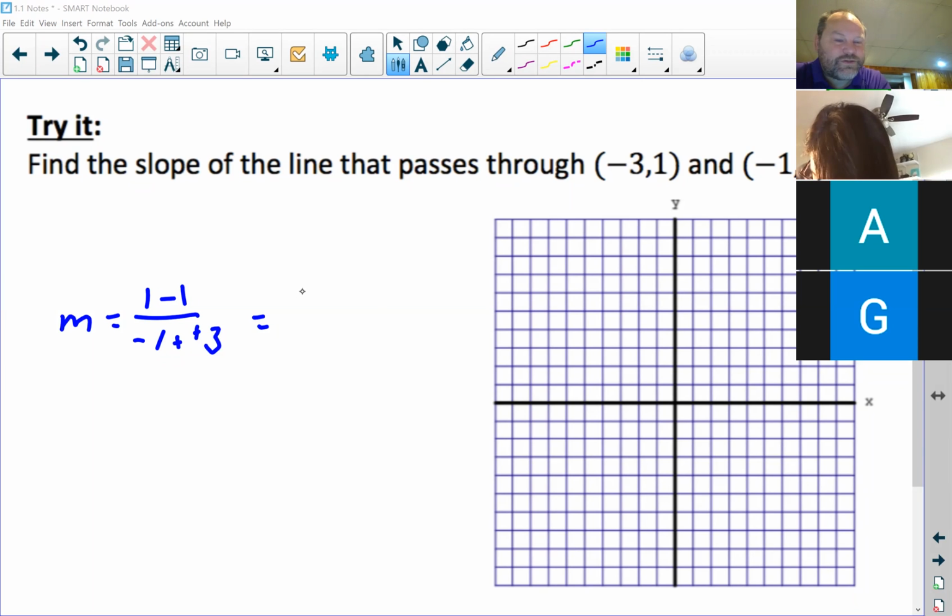So 1 minus 1 is 0. -1 plus 3 is 2. If I take 0 and divide by 2, my answer is just 0. Okay. I'll show you the graph in just a second.